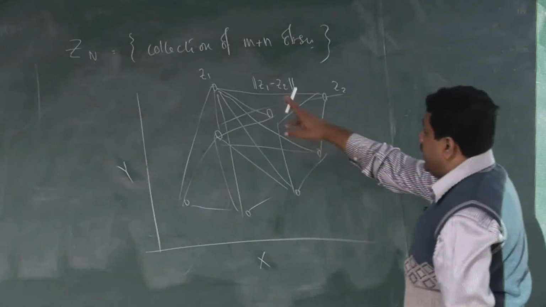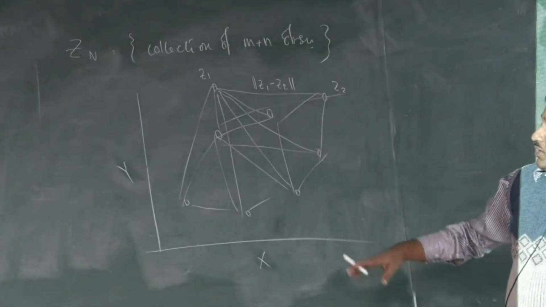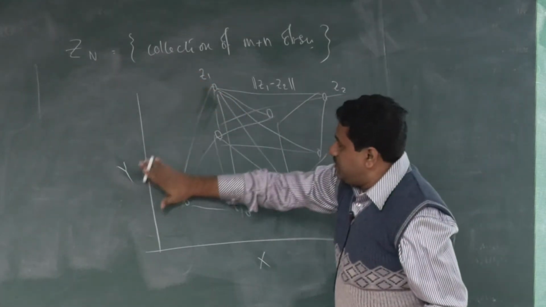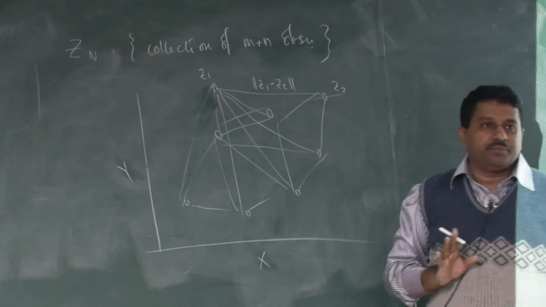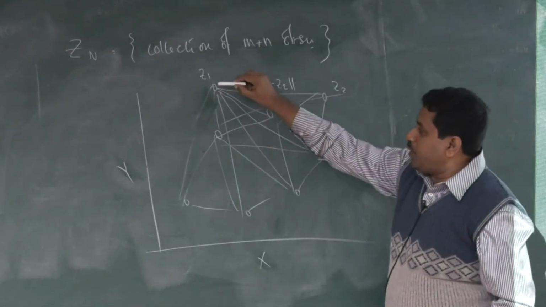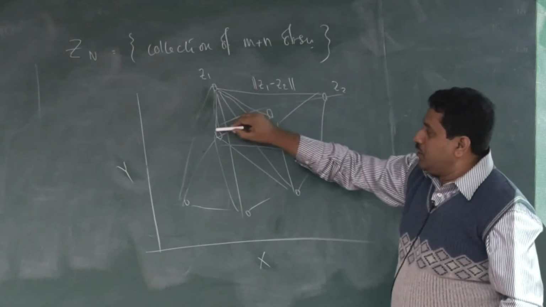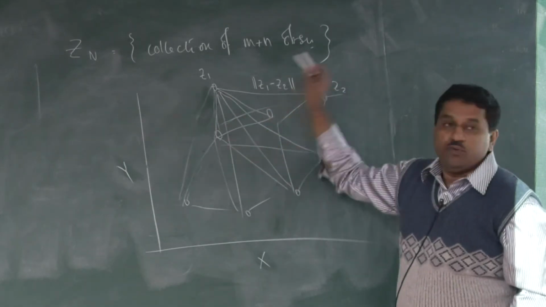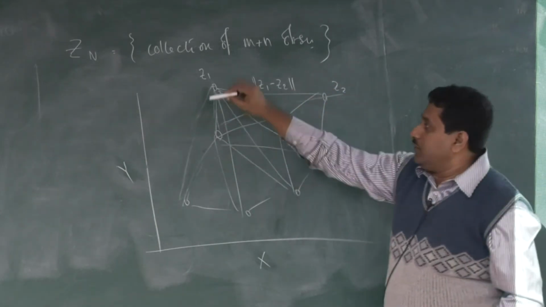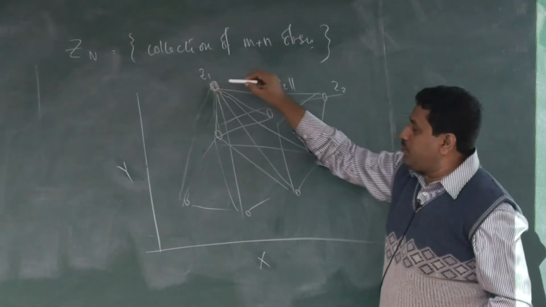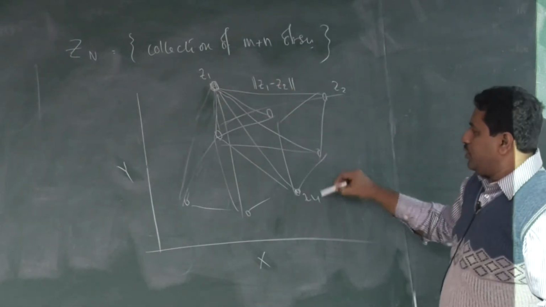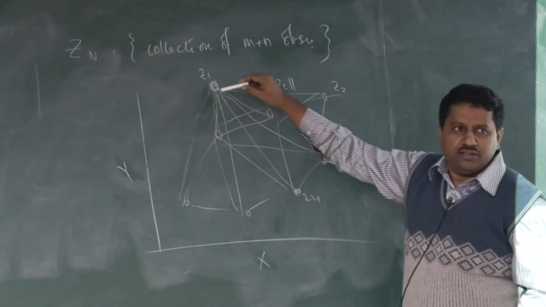So this graph is connected, right? If I remove this edge, it will still be connected. Connected means starting from here, these are the paths. Following these paths, I can go anywhere. Right? There should be a path starting from Z1 to say Z4. There is a path, right?